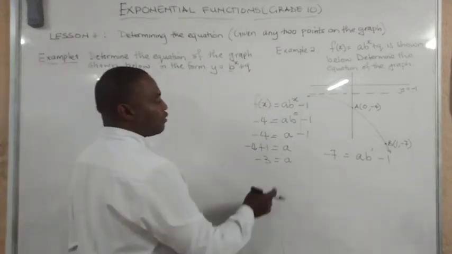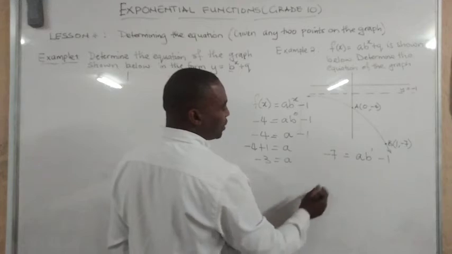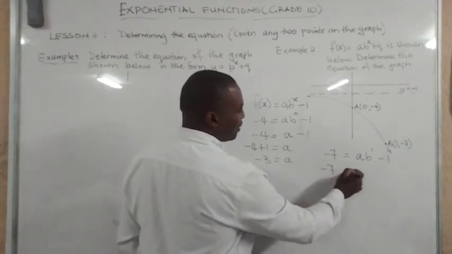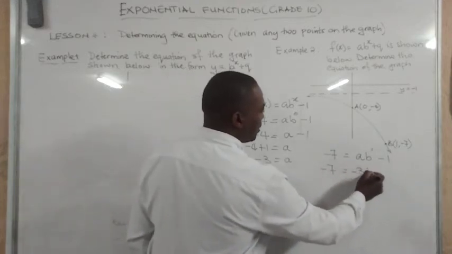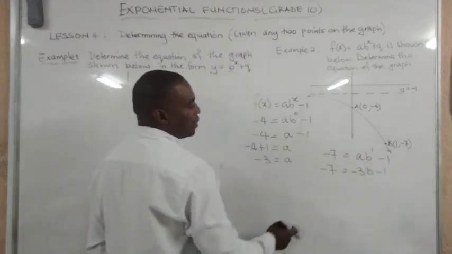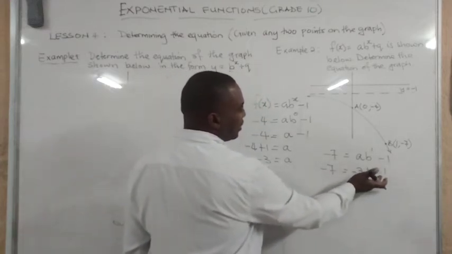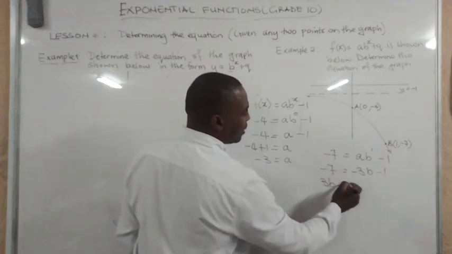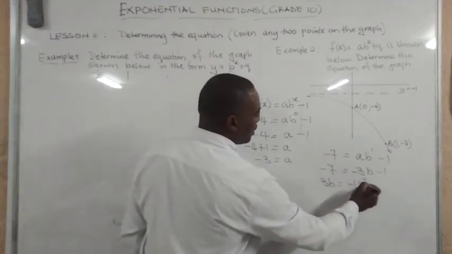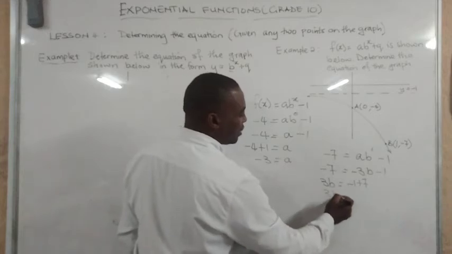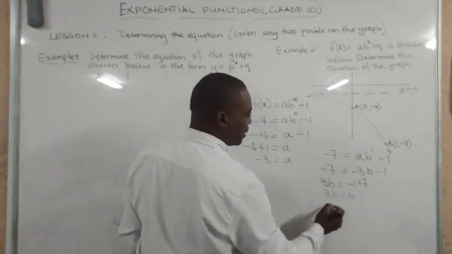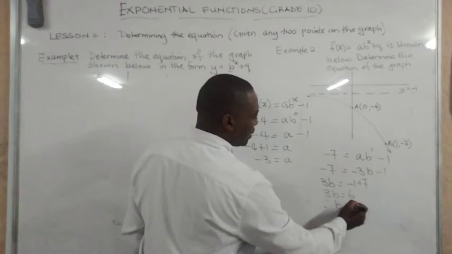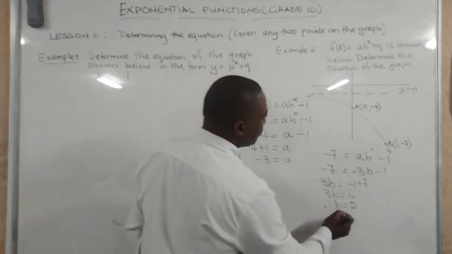We already know the value of a, so we can substitute a there. That is negative 7 is equal to negative 3b minus 1, which is a linear equation. We can take negative 3b, it becomes 3b is equal to minus 1 plus 7. That is 3b is equal to 6. Therefore, b is equal to 2.